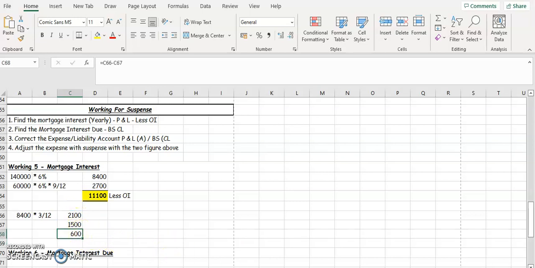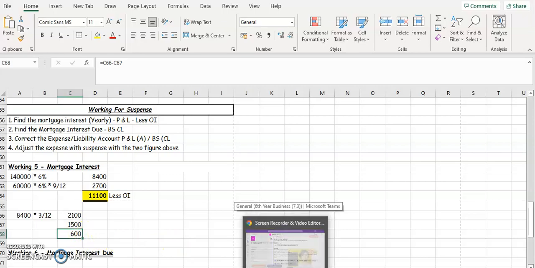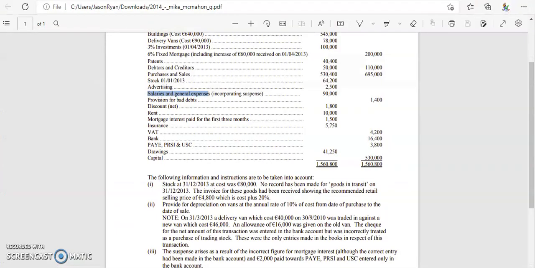So what we need to do, in our question, we need to increase. So I'm going to draw on this. This will help you figure out whether it's a plus or minus. So we need to increase our mortgage interest paid by 600. So if we do that, now our debit side is increased by 600.